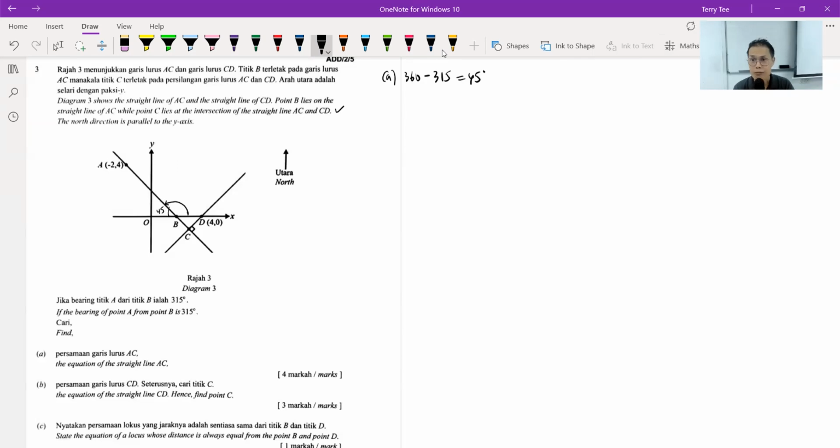And we know the gradient of a straight line is actually a tangent. For those who don't know, when I draw a triangle here, let's say this is theta, tangent is your opposite, which is your change in y, divided by your adjacent, which is your change in x. Or we can say delta y over delta x. So in this case, tangent theta is delta y over delta x, which is your gradient.